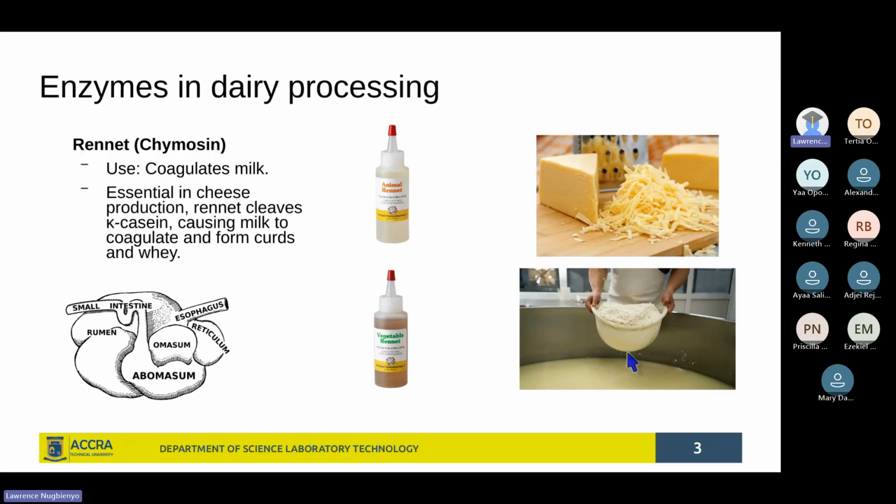They separate it from the liquid part, the whey, and they can use that to make the cheese.